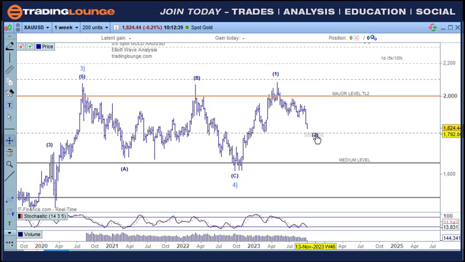Now there are different ways to count this. I always prefer to go to the most simple. I don't have this on a smaller chart, but I do want to point it out before we look at the other 2 counts: we could look at this as wave B here and wave C here.